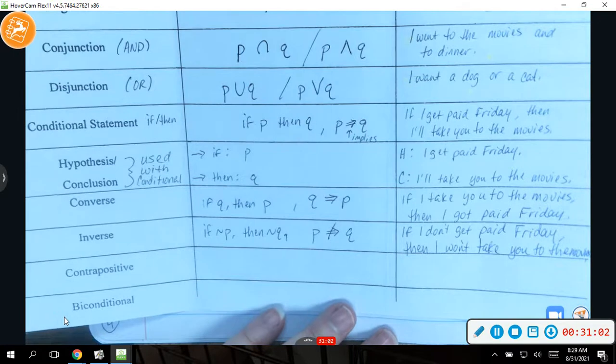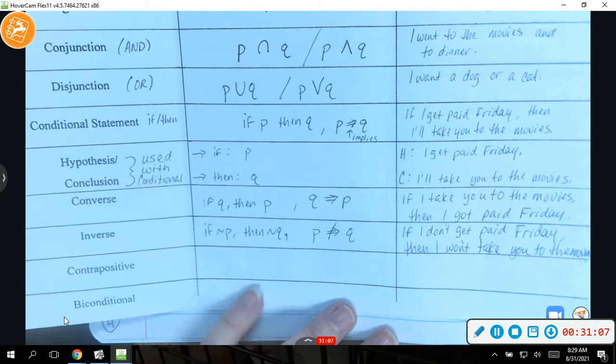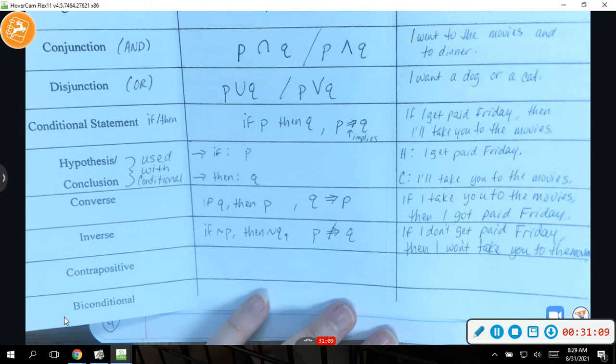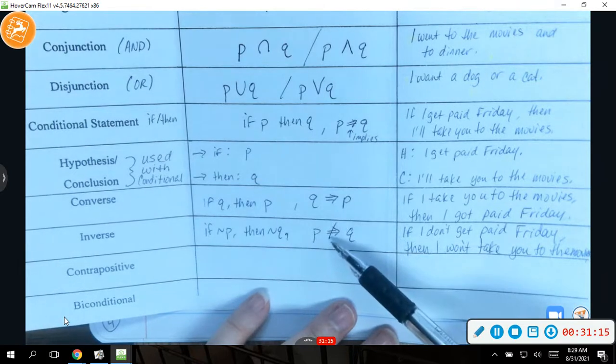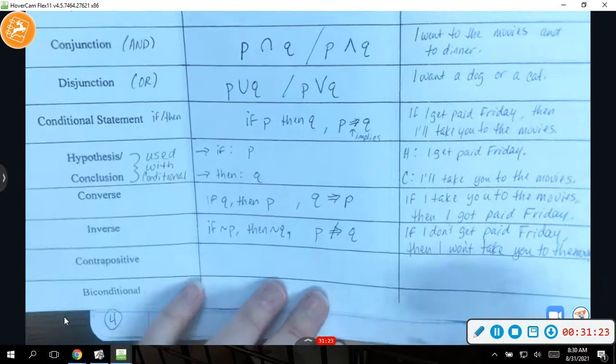Okay, somebody remind me what the contrapositive was. What do we do to it? This one we switched. This one we negated. Yeah, we switch and negate, right? So perfect.